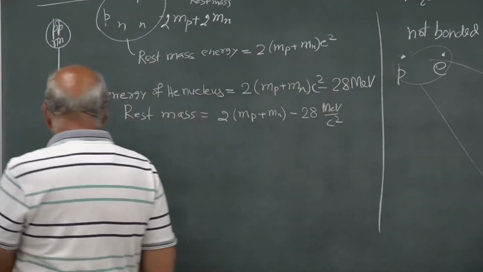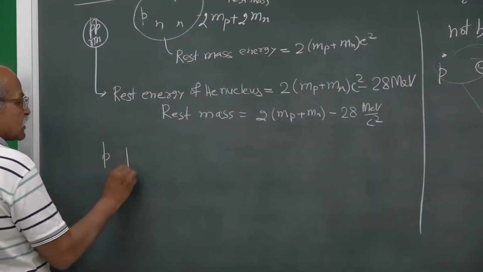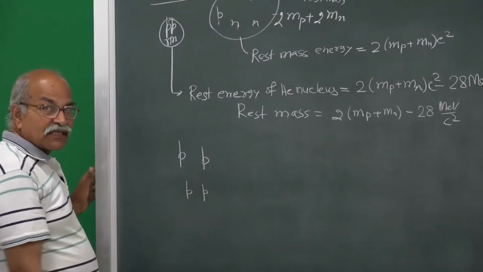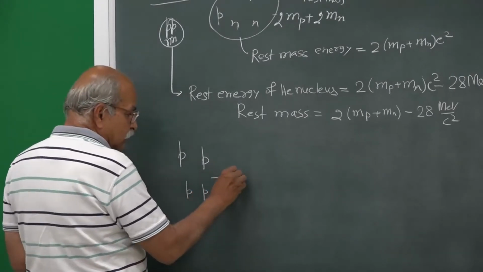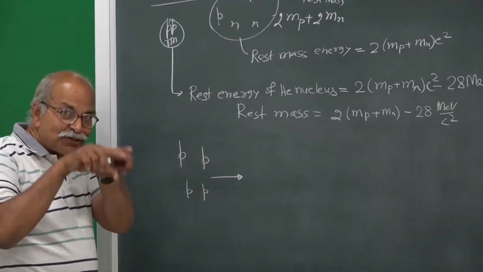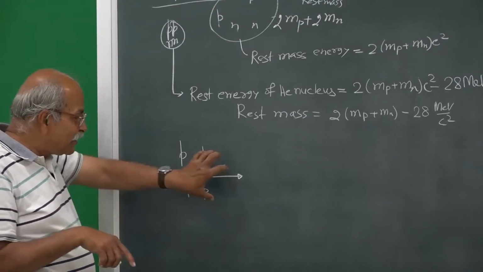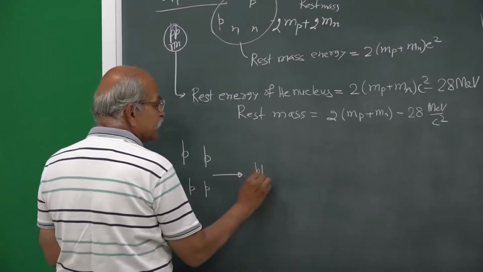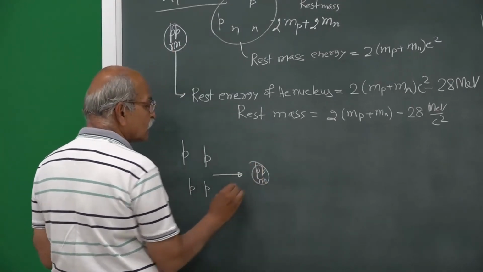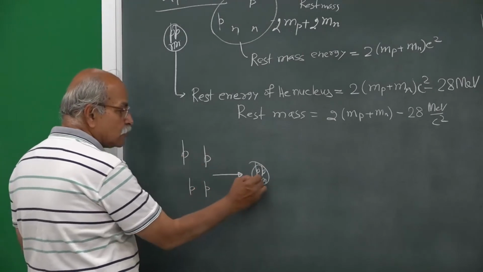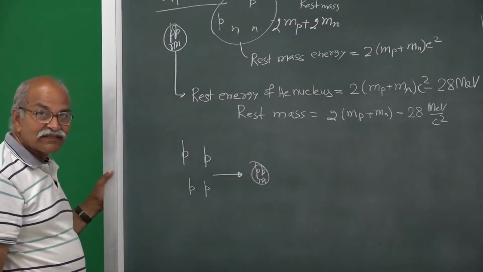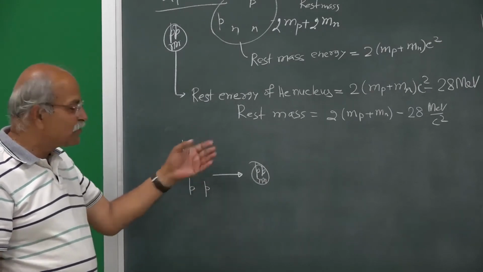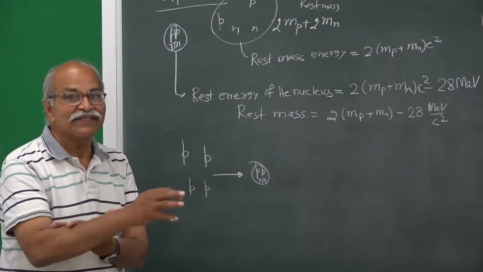If you have 4 protons separated from each other, and 2 of them are converted into neutrons, and then they all combine to make a helium nucleus, this kind of nucleus ppnn. Of course, from protons you have to make neutrons also, and proton and neutron have slightly different rest masses.